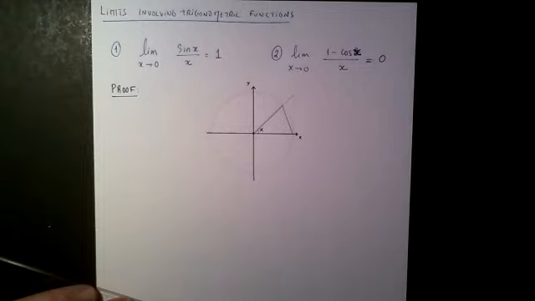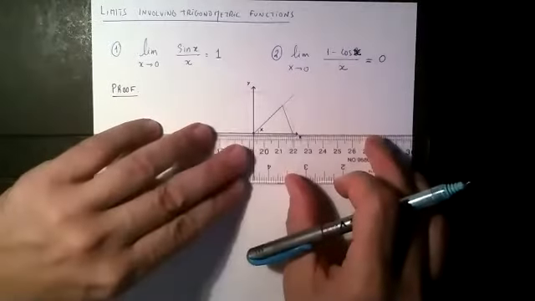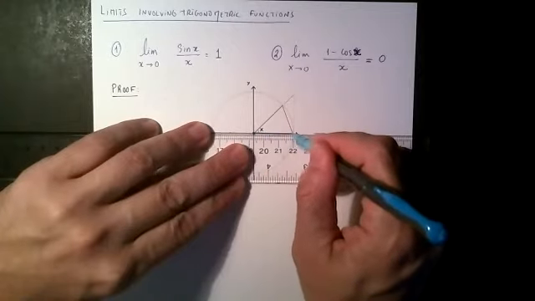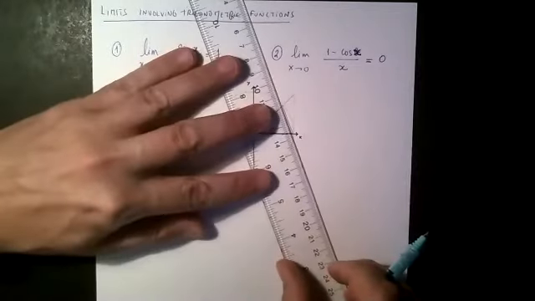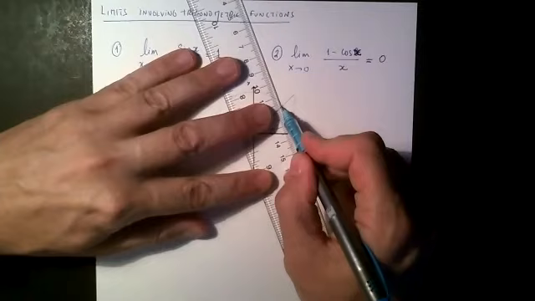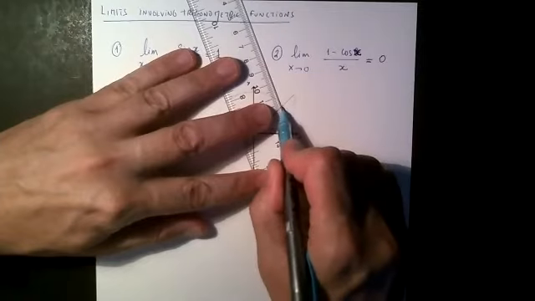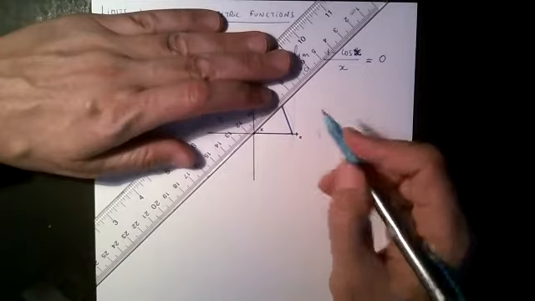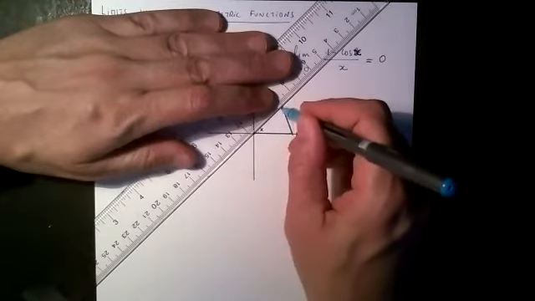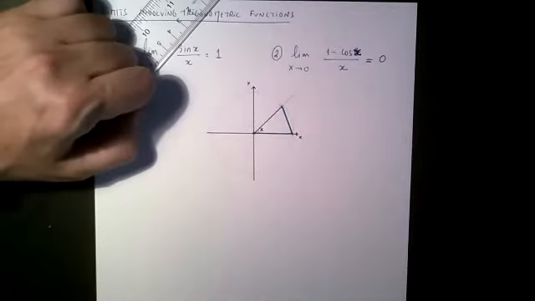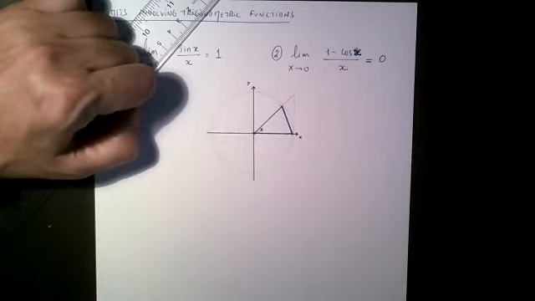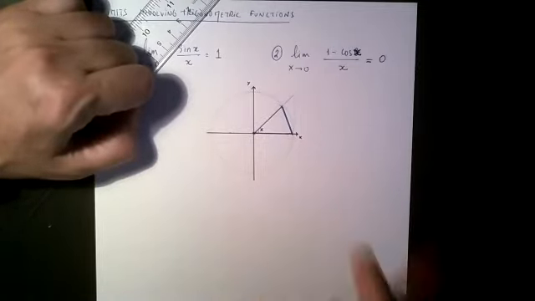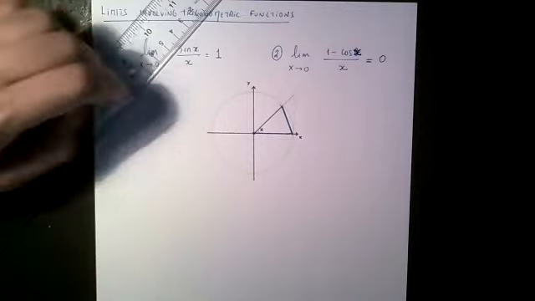The first one will be this little triangle here, which I'm going to draw in blue. Then I'm going to draw the big triangle, which I'm going to draw, let's say, in green.